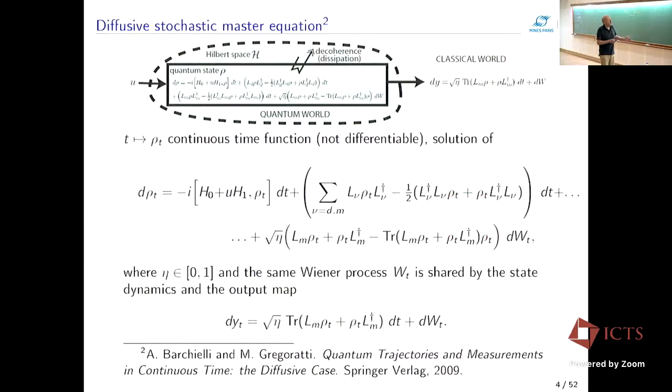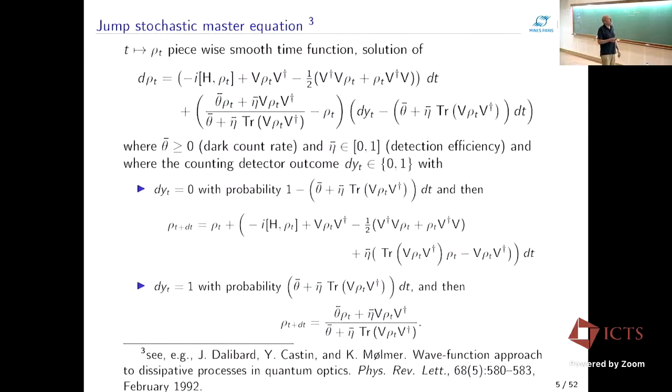And the second kind of system corresponds to the jump stochastic master equation, where the detector is a counter. Okay? So the counter is typically given by n here. Where is the counter rate, dn? So you have a counter.